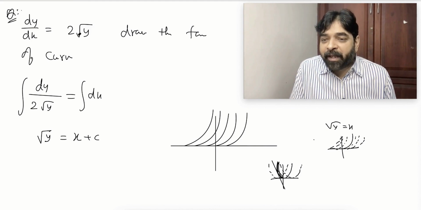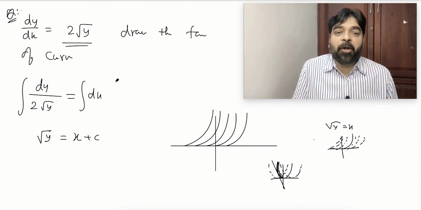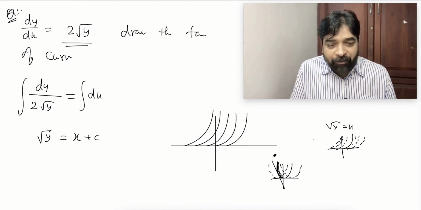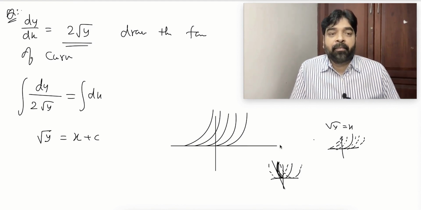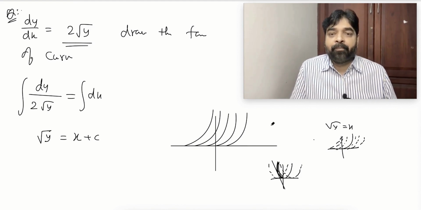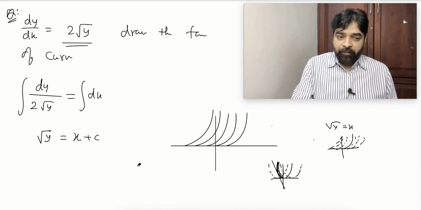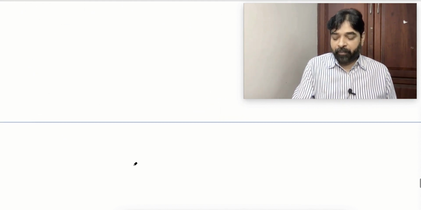And here dy by dx equal to 2 root y, which is always a positive quantity. So the graph cannot be a complete parabola. It's a half parabola. Did you understand? This is the key point of this question. Okay.